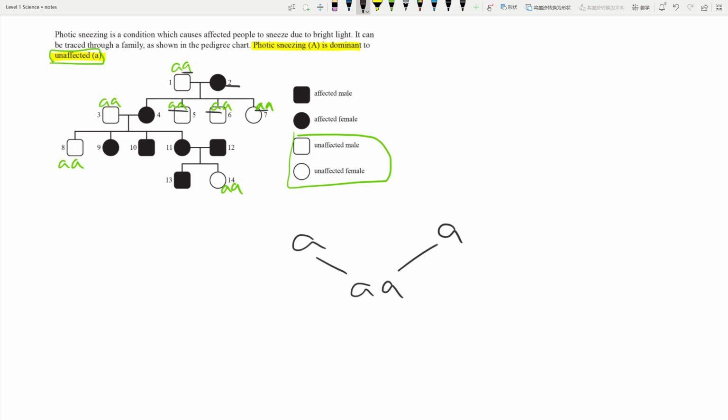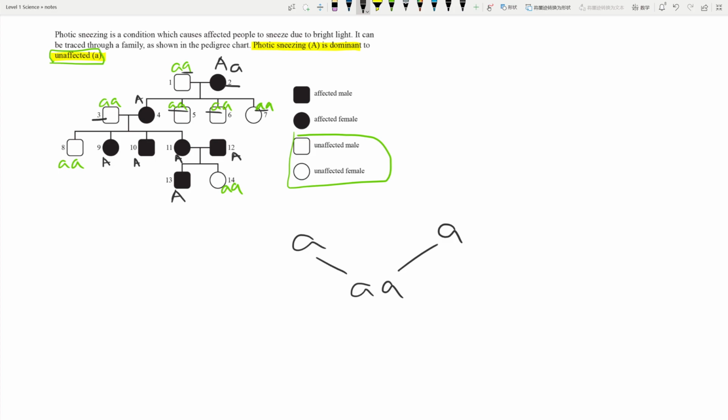So we got the small a's from this parent, then we have to have the small a from number 2. Okay, so they have to have one capital letter each because they are displaying that trait, and we can just figure out what the other one is.